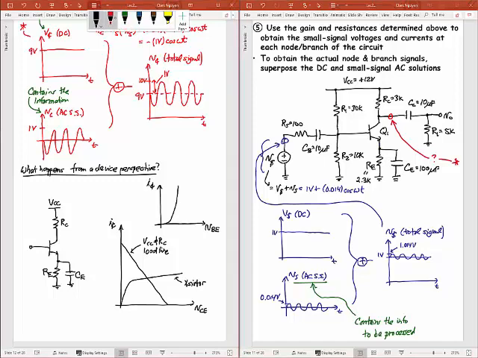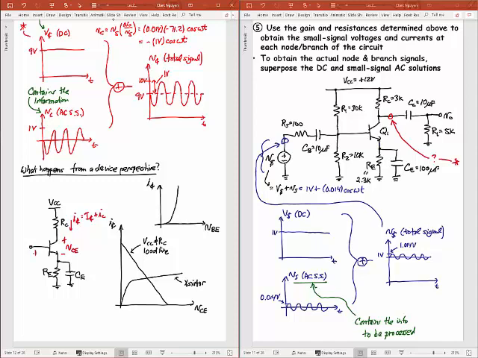We biased it at a very specific current. Just looking at this device, across here, I'm going to get my total signal VCE, so that's a little v, capital CE. I have a current that's flowing through this device, which I could say is a total current, which I'll call IC, with a capital C, equal to my DC current IC, capital C, plus my small signal AC current, little ic.